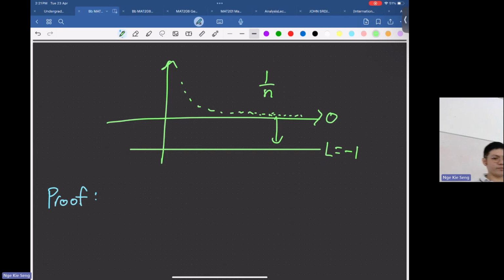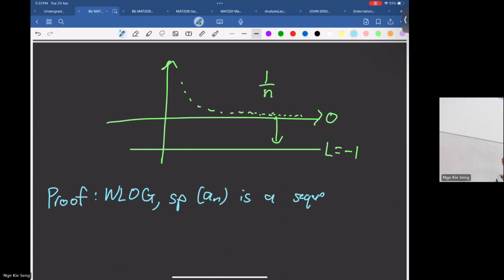All right. So every bounded monotone sequence converges. There are a few cases, right? So without loss of generality, we just consider these cases. Suppose a_n is a sequence which is non-decreasing.